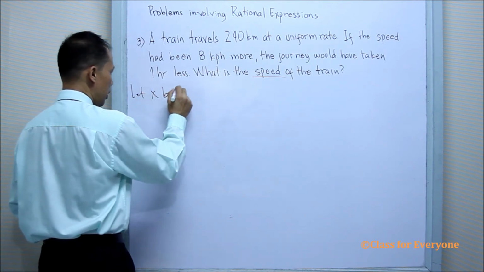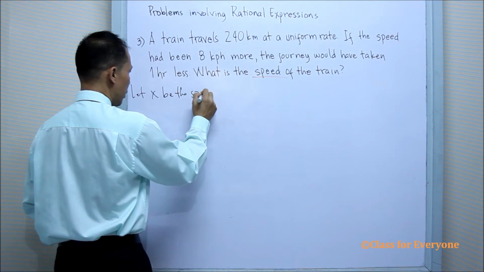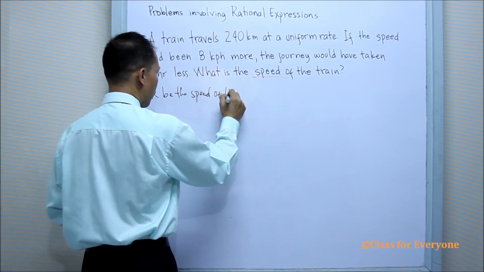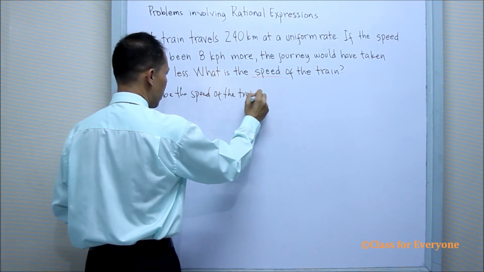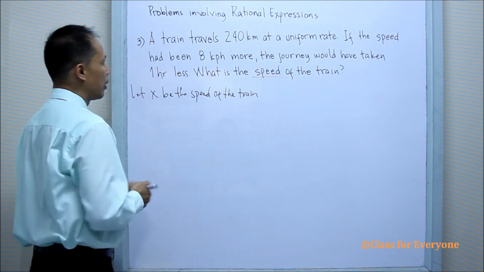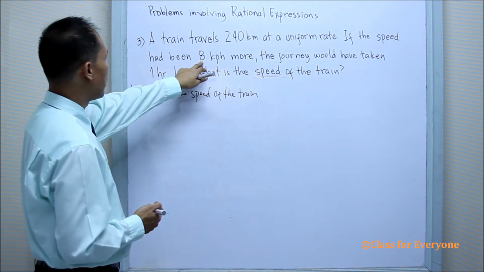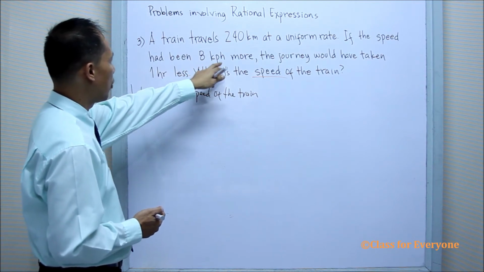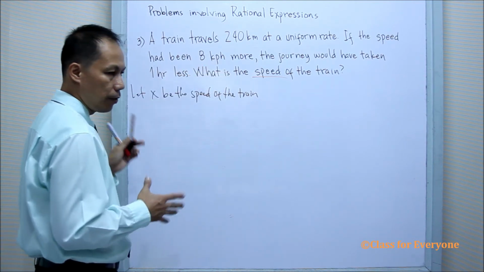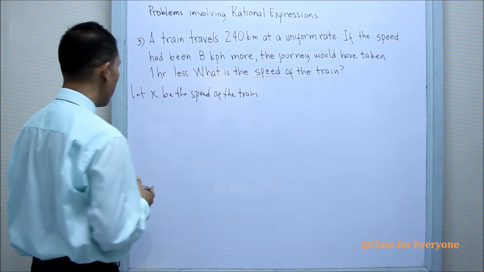Let x be the speed of the train. But there is a mention here that if the speed had been 8 kilometers per hour more, we'll have two speeds now.